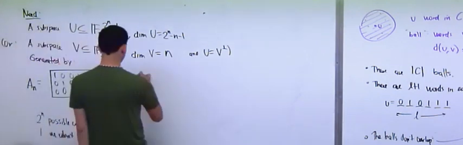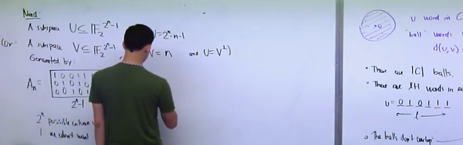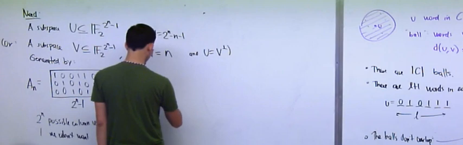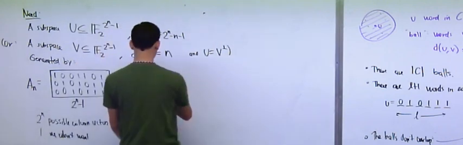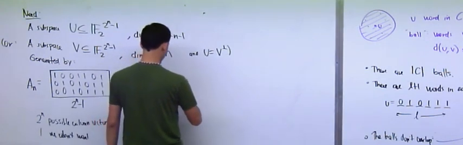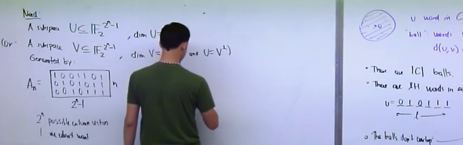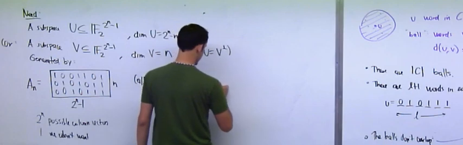So these are all the 2 to the n minus 1 possible column vectors.